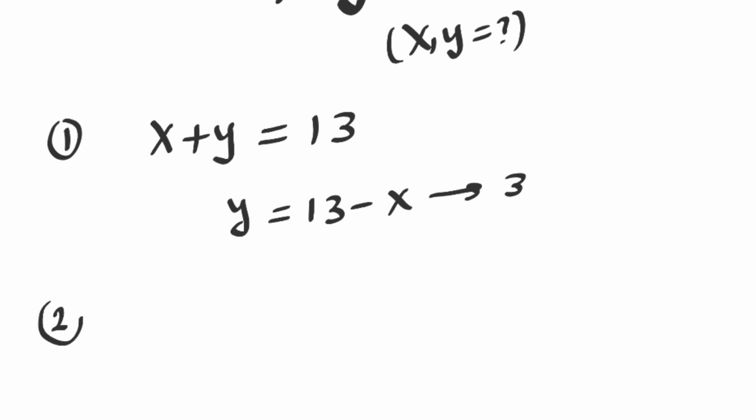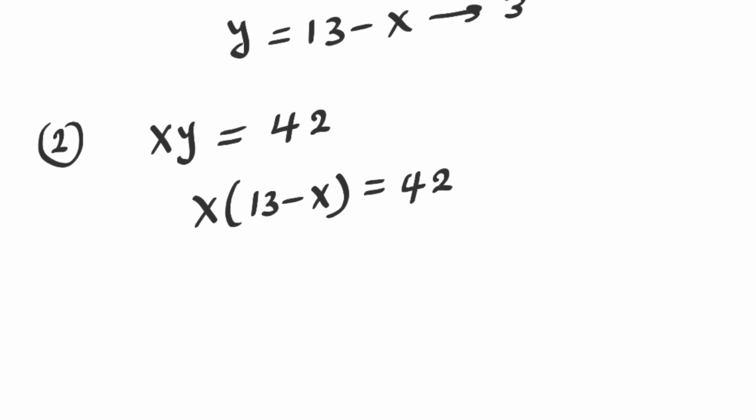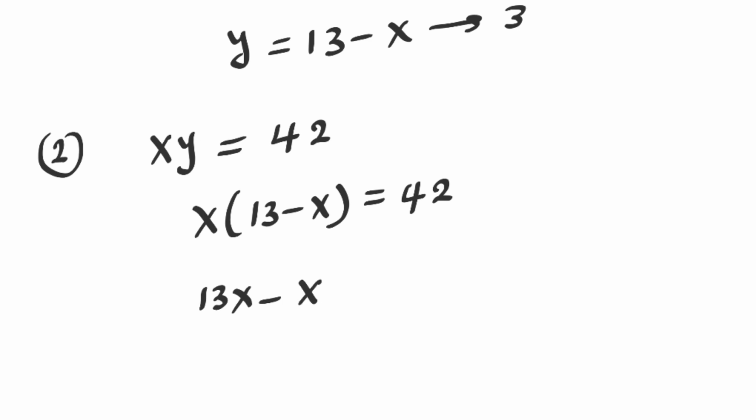From equation 2, xy is equal to 42. Then let us substitute for y, which is 13 minus x. x bracket 13 minus x is equal to 42. x multiplied by 13 is 13x, minus x multiplied by x, that is x squared, is equal to 42.